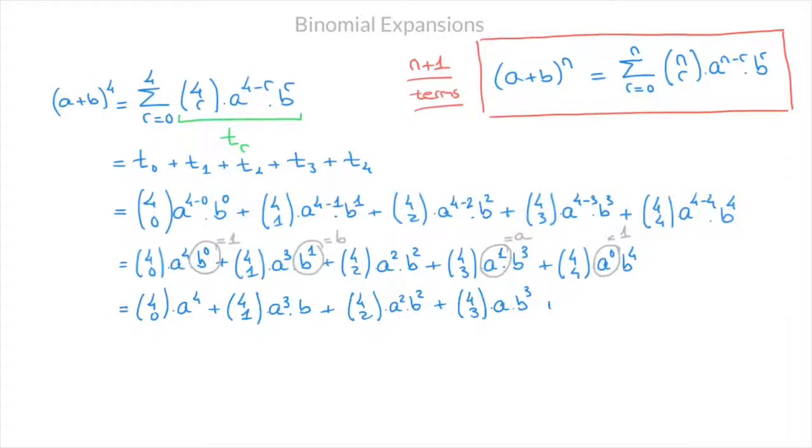And finally, plus (4 choose 4) times b to the power of 4. Notice again that I've gotten rid of the a to the power of 0. And at this stage, we have written all of the terms in the expansion.